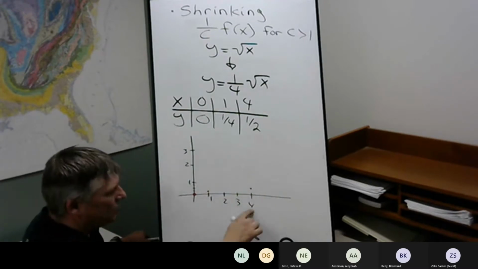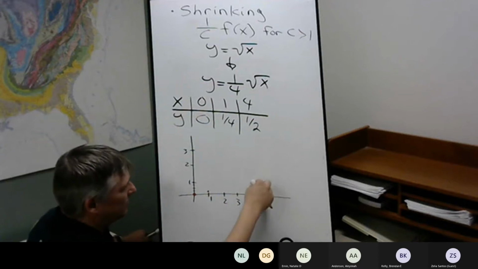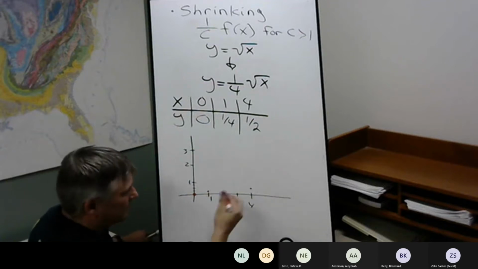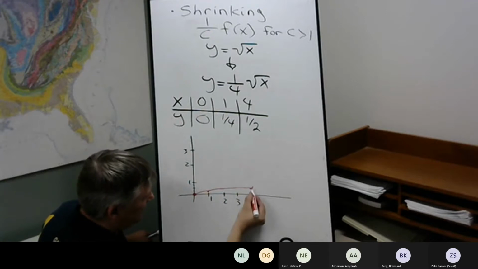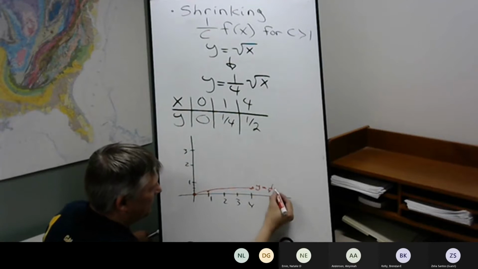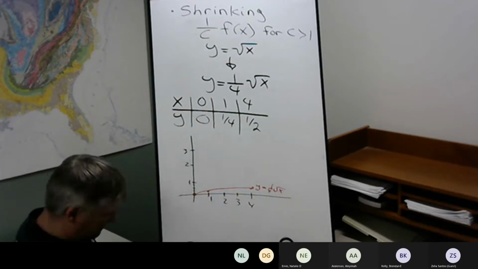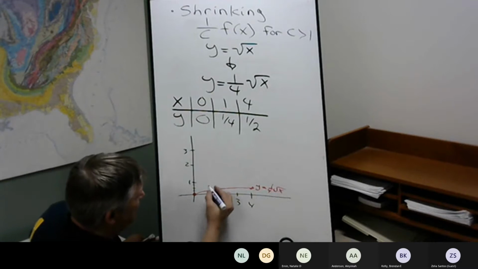Now, usually with y equals square root of x, square root of 4 is 2, so we'd usually have our y value up here. This is 1/4 square root of x.